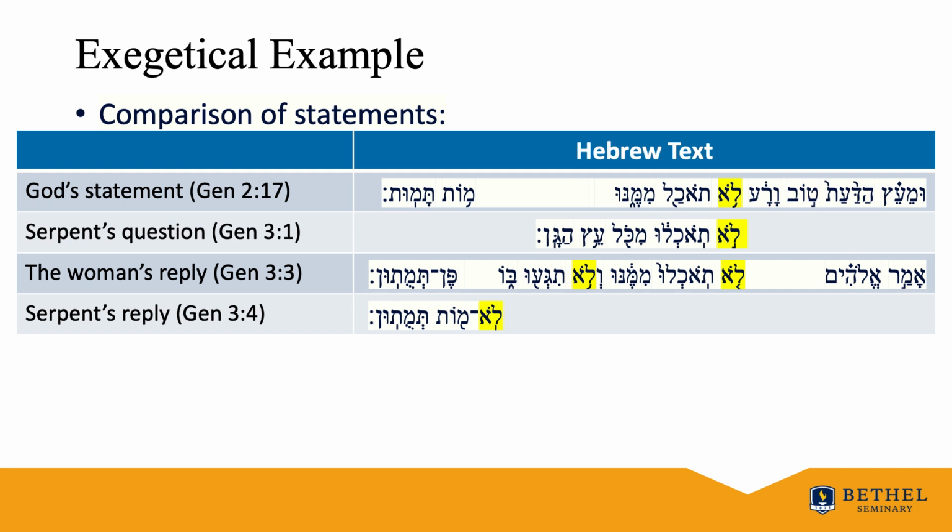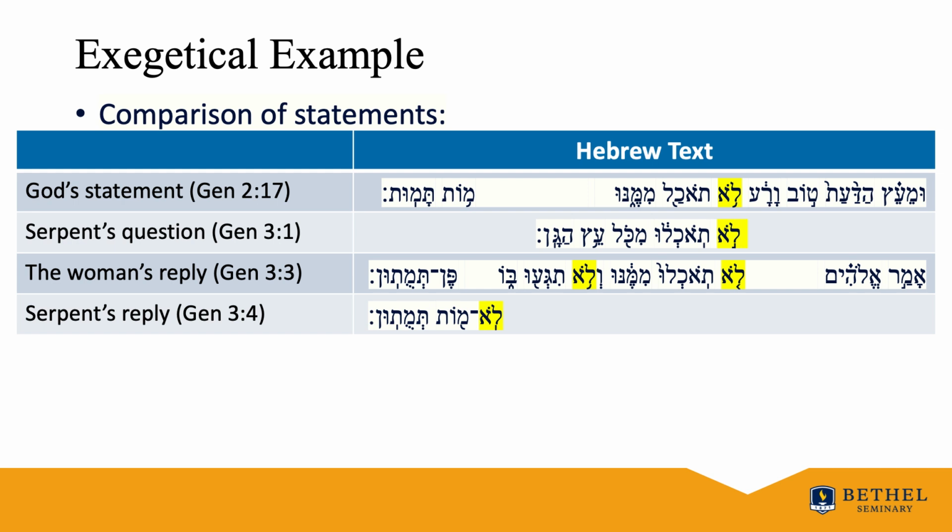You can see that all of them use the prohibition lo, followed by a verb. But one thing that you'll notice is that the point of discussion has shifted throughout this discussion. At the beginning, the question was, are you sure that God told you not to eat? Focusing on the action of not eating, which God explicitly commanded you should not do.